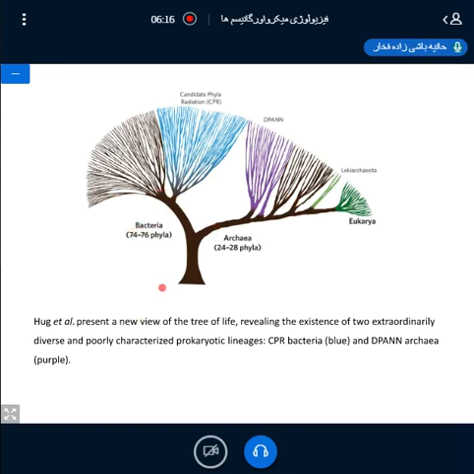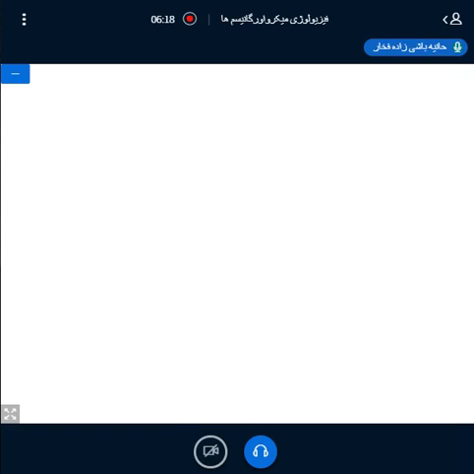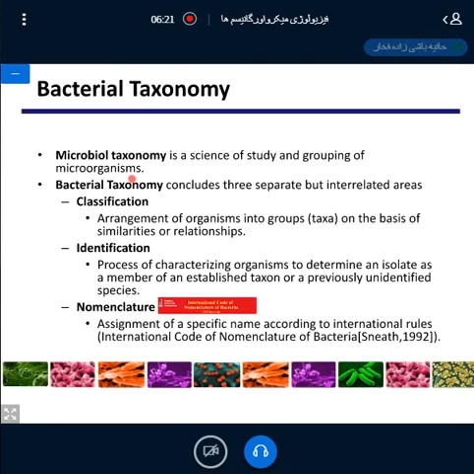We want to speak today about bacteria. Here we have some methods for bacterial taxonomy. It means for classification of bacteria, we need some methods. Here we have four famous methods.